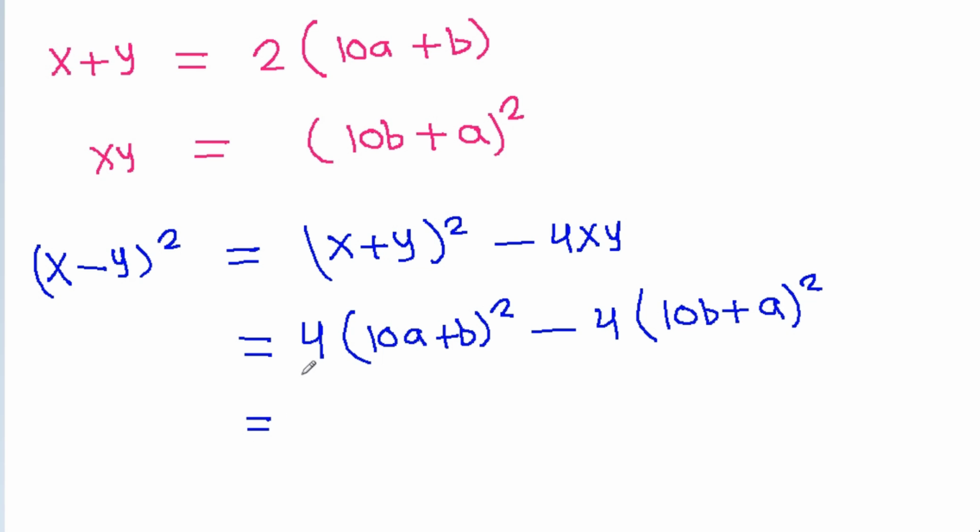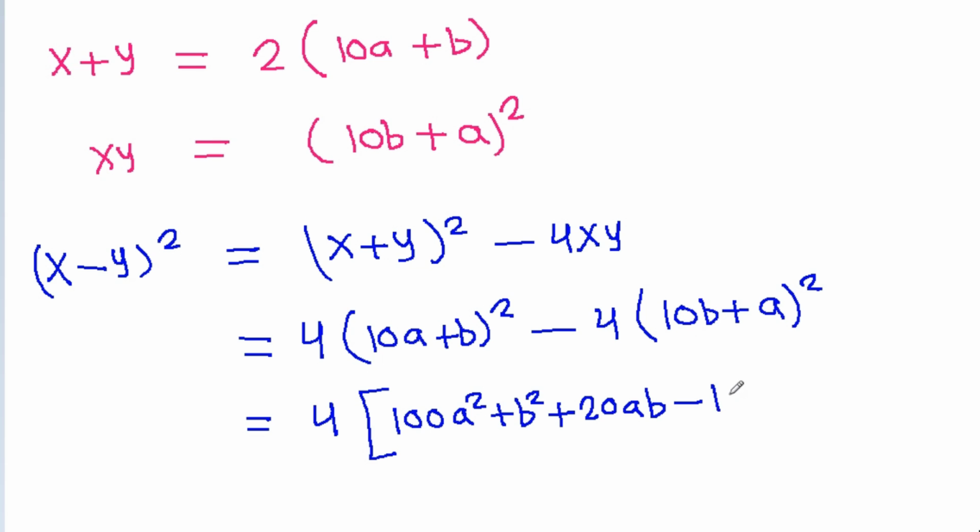And now if we take 4 common, then (10A plus B) whole square will be 100A square plus B square plus 20AB, and minus (10B plus A) whole square will become minus 100B square minus A square minus 20AB, and 20AB minus 20AB will get cancelled.